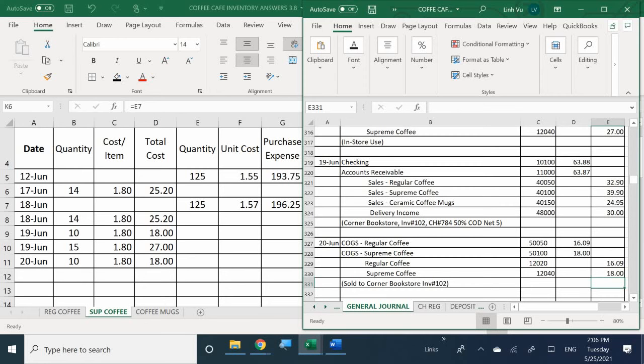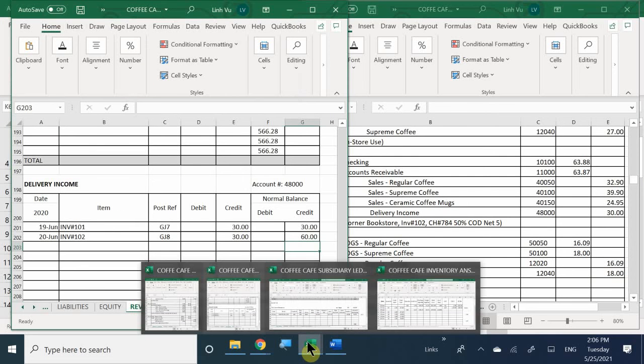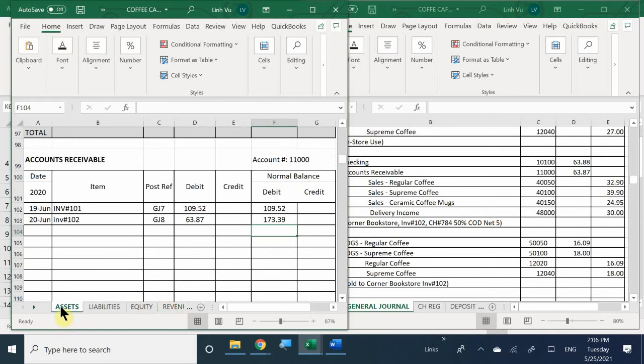Now we'll have to go back to our general ledger. Now we want to update our assets. I just went straight down the assets. I did the regular and Supreme Coffee first before I went to cost of goods sold. It's fine. Whatever you want to do. All right.